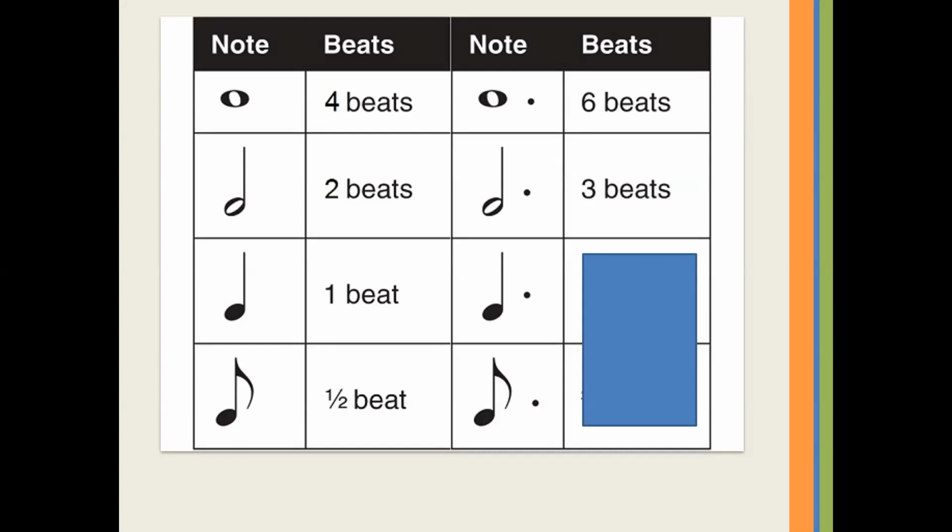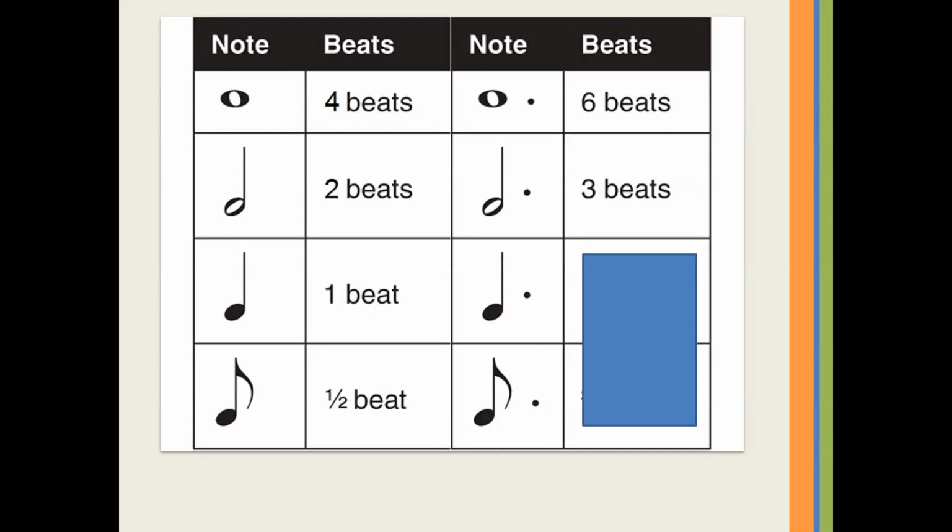Then let's go with the dotted semiquaver. Dotted quaver, sorry. Who can tell us how many beats that has? Is it an 8th?